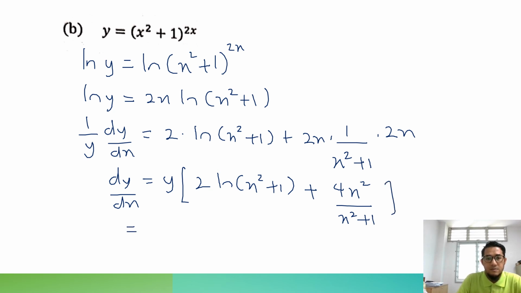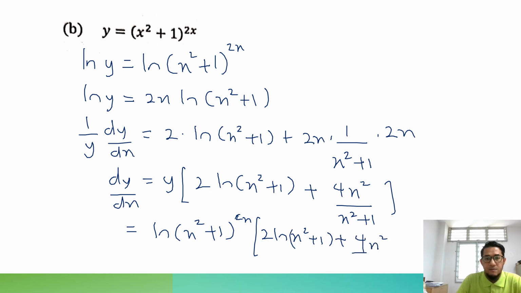So y is x squared plus 1 power of 2x, times 2 ln of x squared plus 1 plus 4x squared over x squared plus 1. Okay, done for the second one.